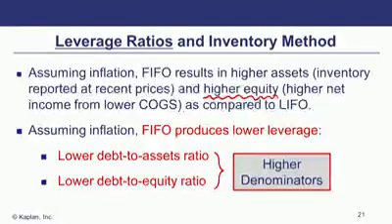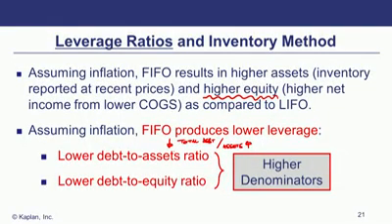Okay, so let's have a look at what will happen to debt to assets. So essentially total debt over assets. Well, again, no impact really on the total debt. But the assets, of course, are going to be higher because ending inventory is higher, even though that's partially offset by paying more tax. So essentially, we're going to get a lower debt to asset ratio.